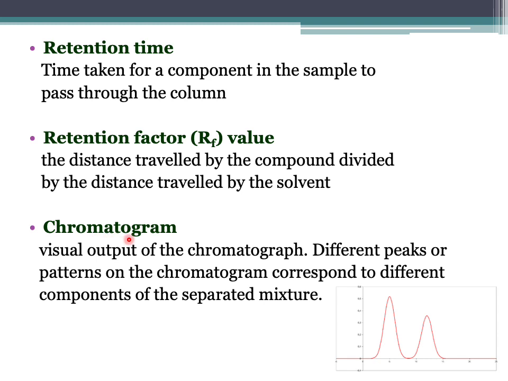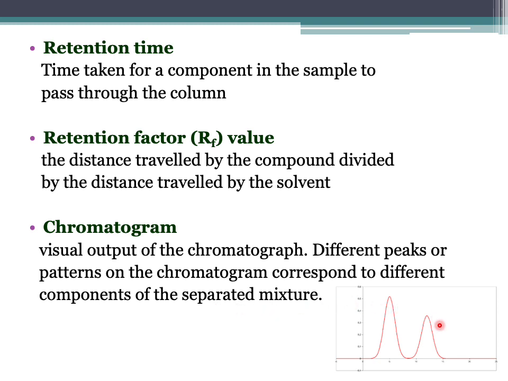And chromatogram. Chromatogram is a visual output of the chromatograph. So this is the example of the chromatogram. So kita kata dia visual output. So different peaks or pattern on the chromatogram correspond to a different components of the separated mixture.